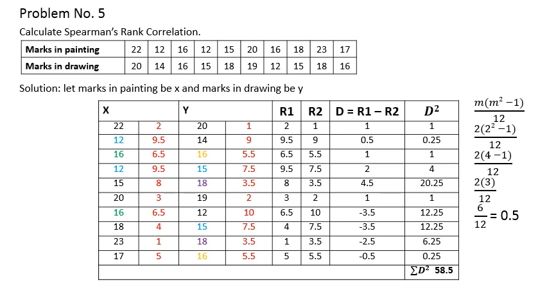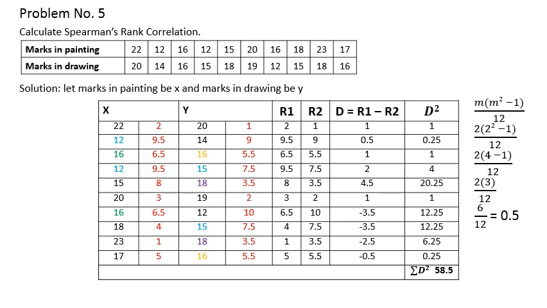After this, you note down the rank of the first set and the rank of the second set, that is R1 and R2. Then you find the difference between R1 and R2, that is D: 1.5, 1, 2, 4.5, 1, minus 3.5, minus 3.5, minus 2.5, minus 0.5.